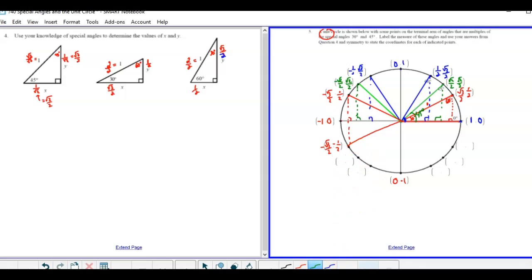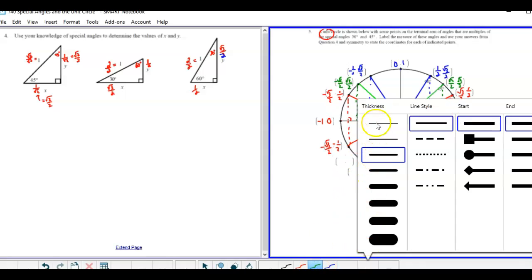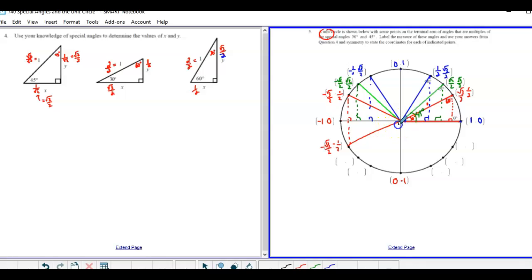Then if we did the green one, I'm just going to freehand it to here, and then draw that. The triangle is going to have the same x value, so that's -√2/2, and now the y value will be reflected, so -√2/2 as well.